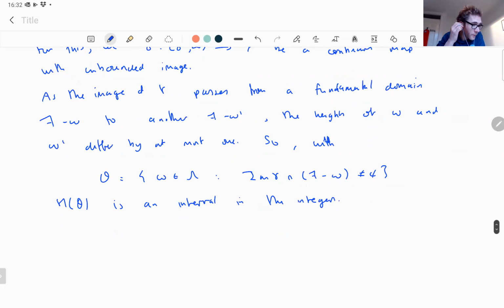Now, gamma's unbounded, so this interval contains arbitrarily large integers. So h of theta just contains something like this.